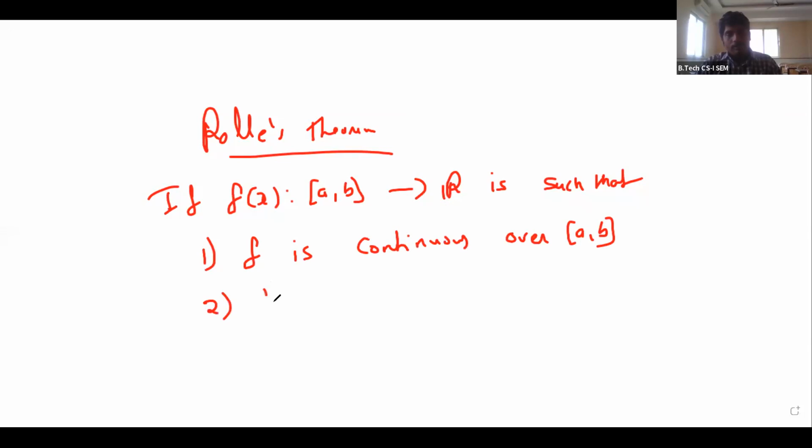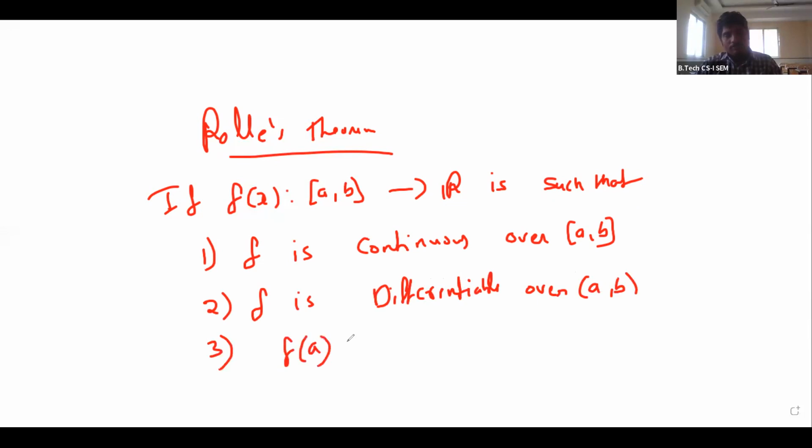Second point, f is differentiable over open interval AB. And third one, f of A is equal to f of B. All of you please copy this.